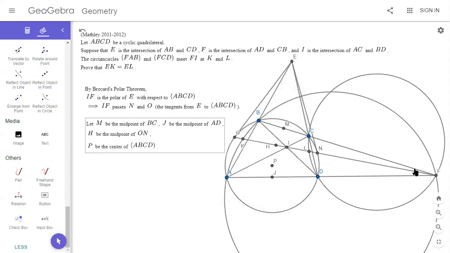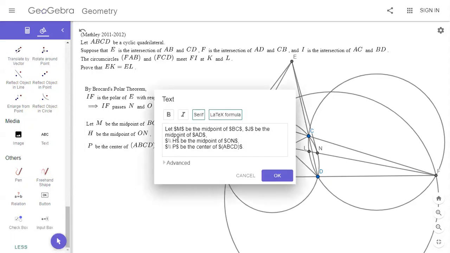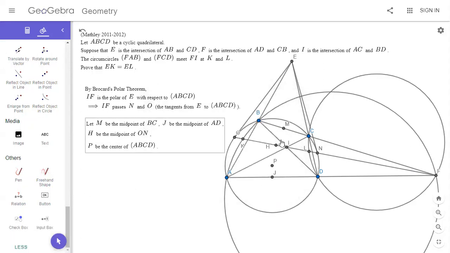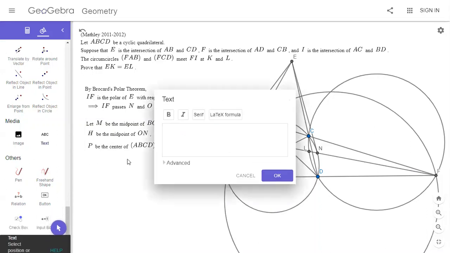So angle PJF equals PHF, which is equal to PMF. So that's a cyclic quadrilateral. So angle PJF equals PHF equals PMF.